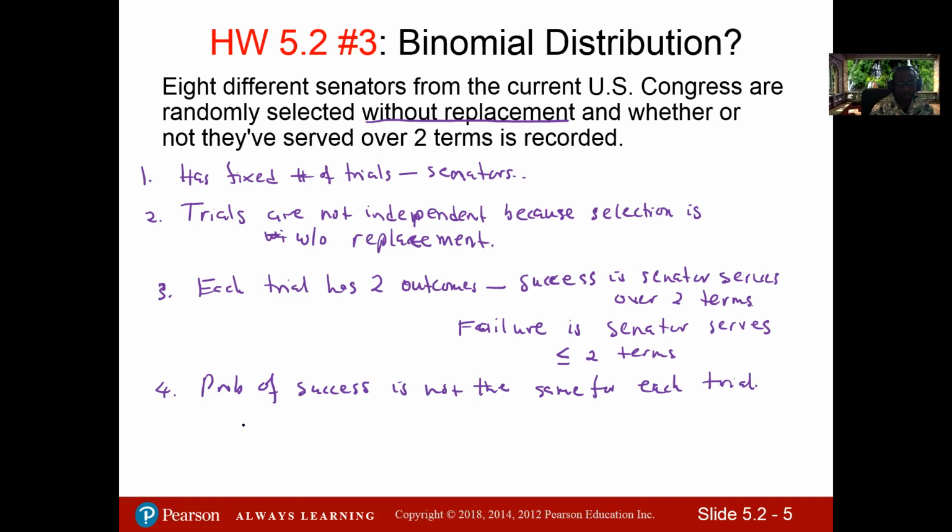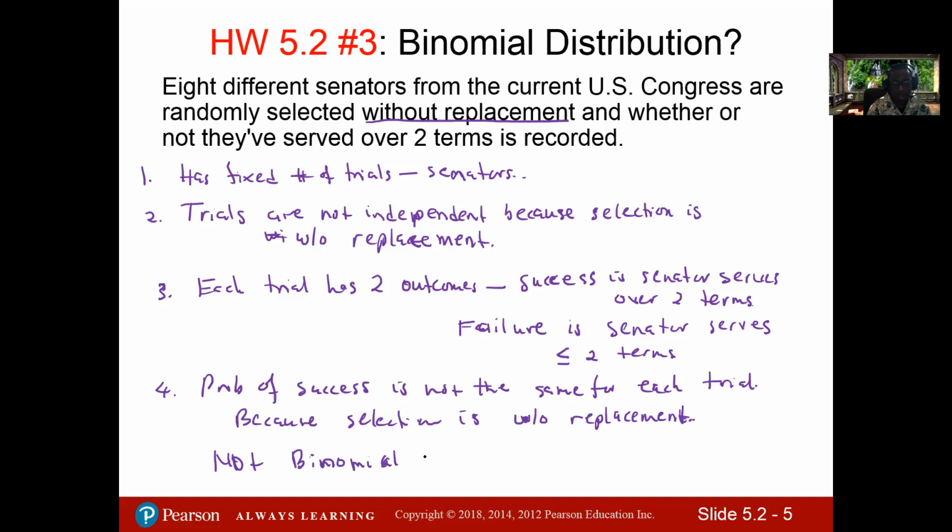Because the selection is without replacement. Okay, that's why. So we conclude that this is not a binomial distribution.